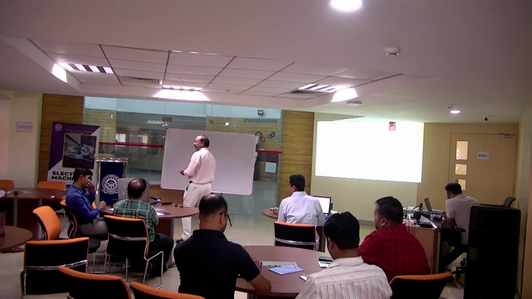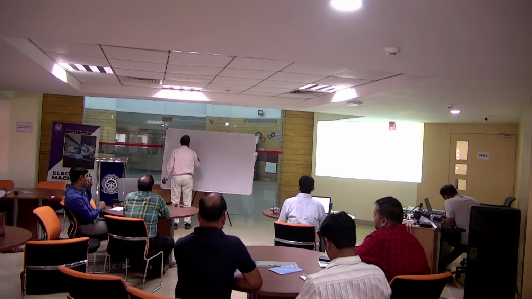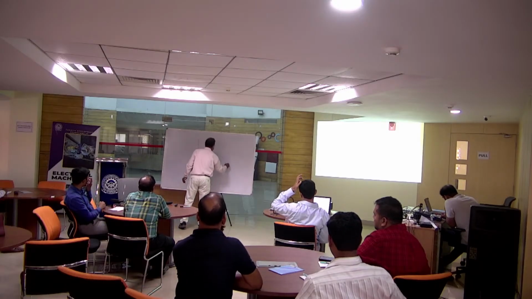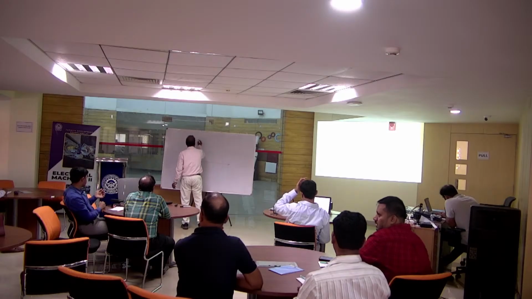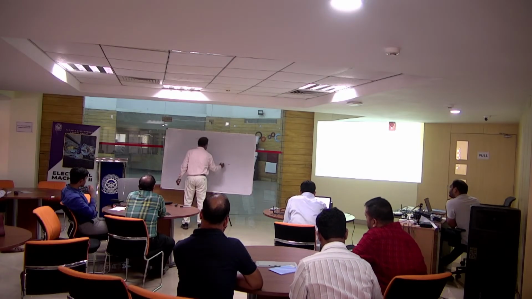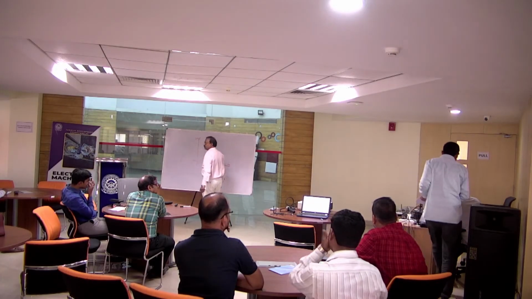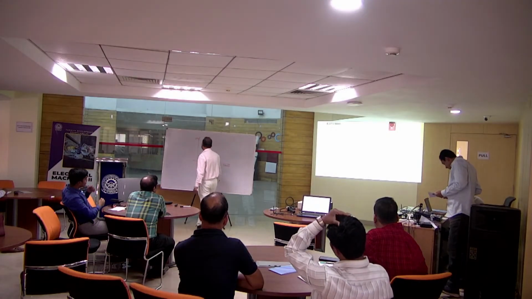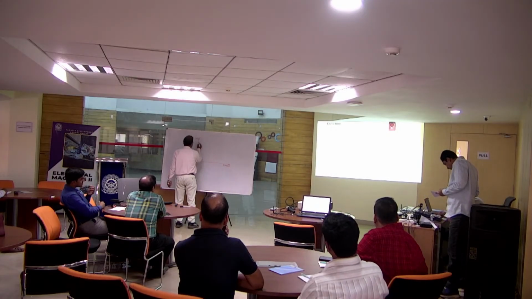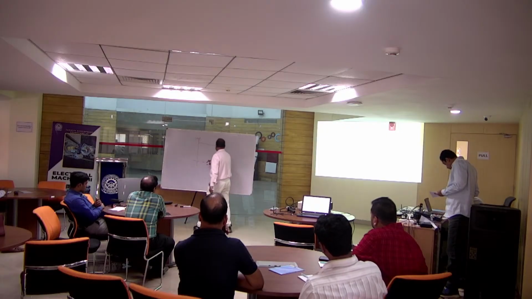So we are comparing the induction motor with a DC motor. This is speed versus torque. The speed torque characteristic of the shunt DC motor is like this. If you increase the torque, speed reduces.